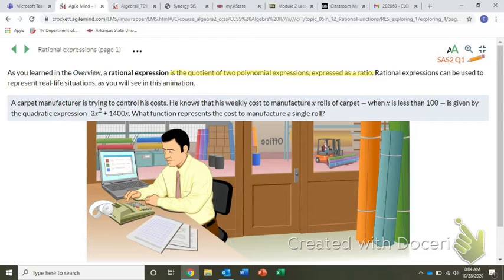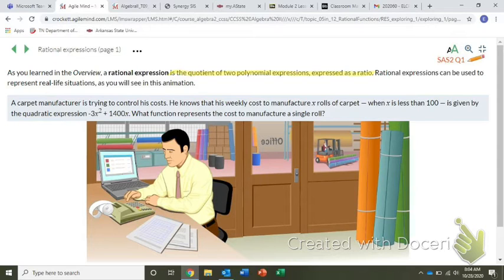Quotient's the answer when you divide. It's when you have a numerator and you have a denominator and it's expressed as a ratio, which we all know ratio is a fancy word for a fraction. Okay, so that's just another way to explain what a rational expression was.